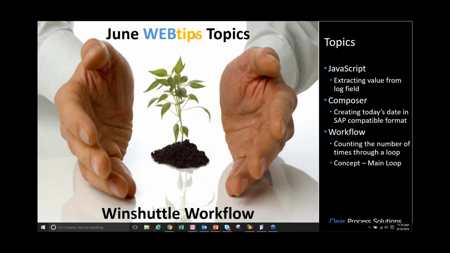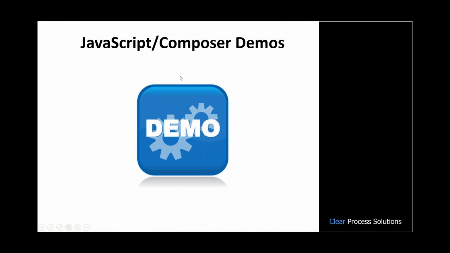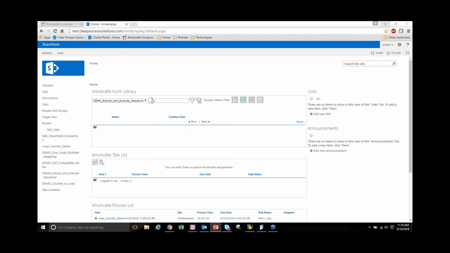So we're going to show you how to do a counter and how that all works as well. And then lastly, just a brief concept about a main loop and what that entails, starting off the workflow right out of the gates with a loop, and why that can be efficient in your process moving forward.